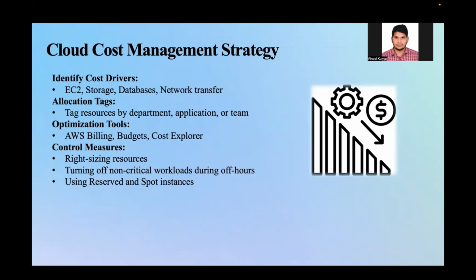Moving on to the next slide, cloud cost management strategy. Tech Solution Inc. wants to control and optimize its expenses in the cloud. We first identified key cost drivers: compute, storage, database, and network usage. To track and manage these, we apply allocation tags that let us view expenses by department or application and avoid confusion.